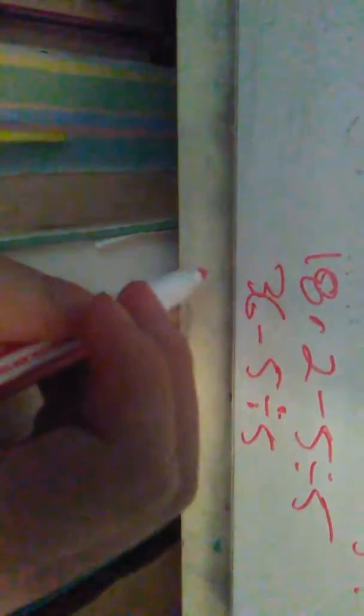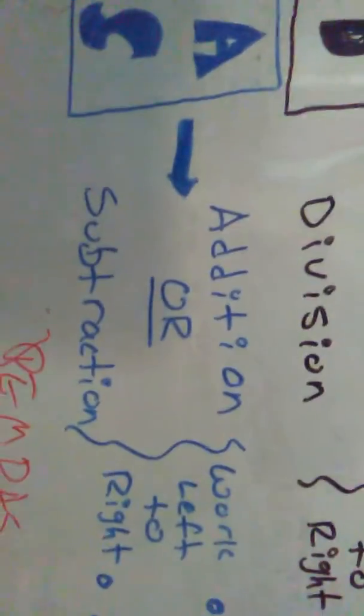So even though I see a division operation here, we need to do what comes first in the order of operations, which is addition or subtraction. So it's going to be 36 minus 5, which is going to be 31 divided by 5. So 5 does not go into 31 evenly. So this is going to bring us to a fraction.